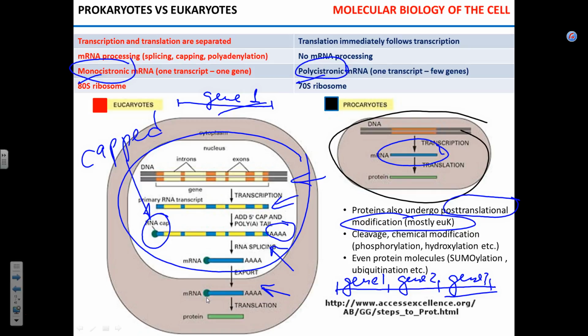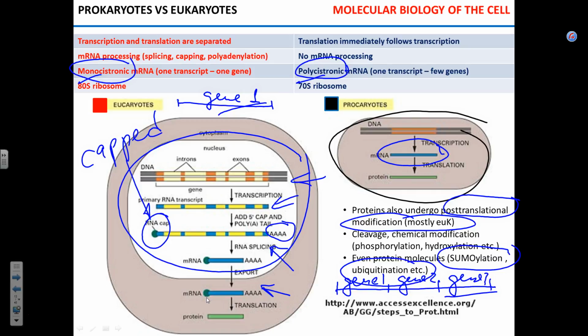Several chemical groups may be added, groups like acetyl group, alkyl group, methyl group, phosphates, sulfates, fragments of sugars, and so on and so forth. Sometimes even proteins covalently bind to the freshly synthesized protein in processes like sumoylation or ubiquitination.